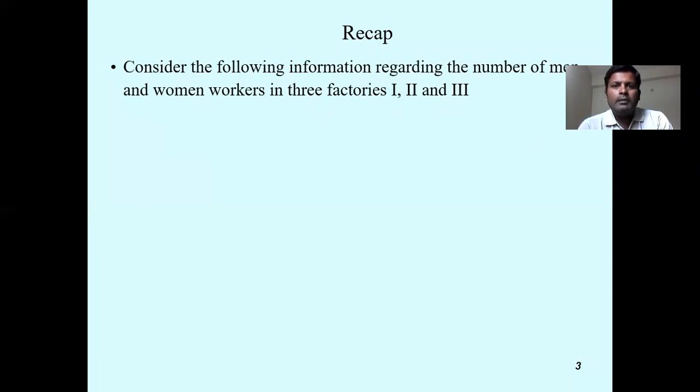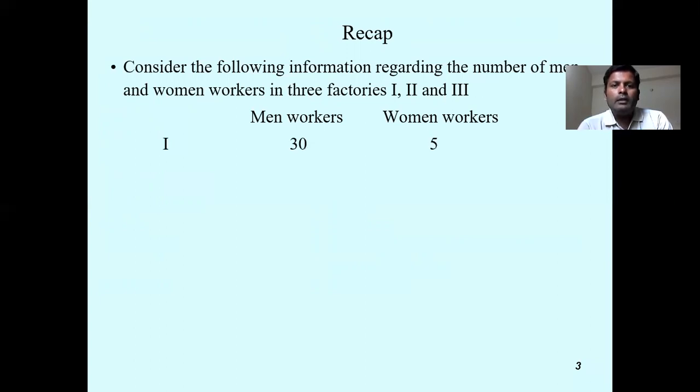Okay, recapitulation. Consider the following information regarding the number of men and women workers in three factories. Those are 1, 2, and 3, with men workers and women workers.